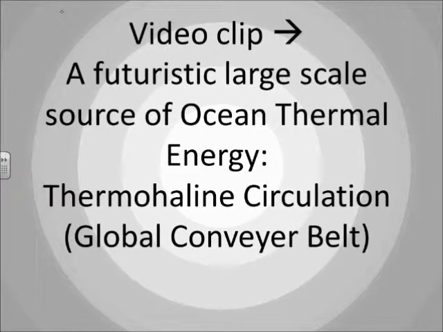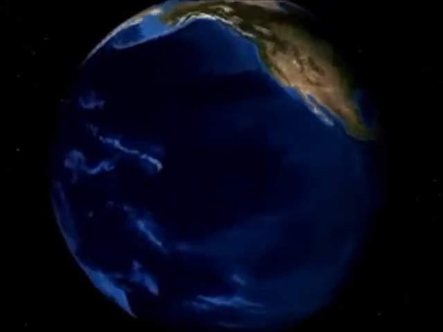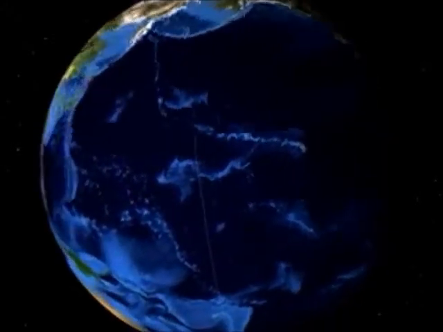The next slide shows a video clip about a futuristic large-scale source of ocean thermal energy. In technical terms, it's called thermohaline circulation or the global conveyor belt. It is a virtual conveyor belt of water driven by temperature, wind, and the Earth's rotation.